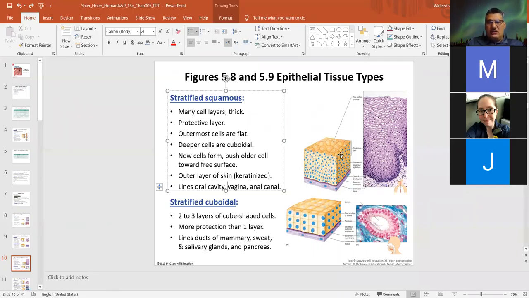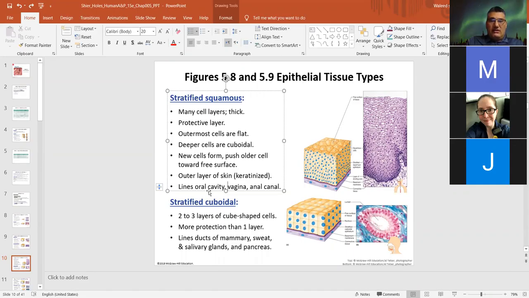But there is something specific you need to know about the skin, and we will talk about it more when we talk about the skin: it is not only squamous epithelium, but it's also keratinized. What does keratinized mean? A lot of the cells here are filled with keratin. Keratin is a type of tough protein. This is done on purpose to make these cells tough so they can protect you.